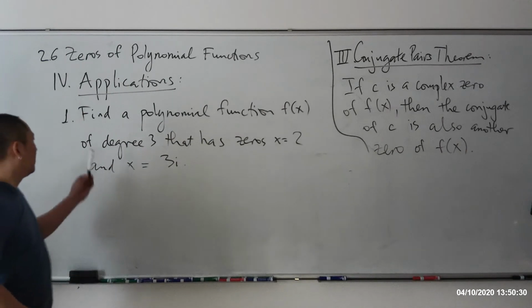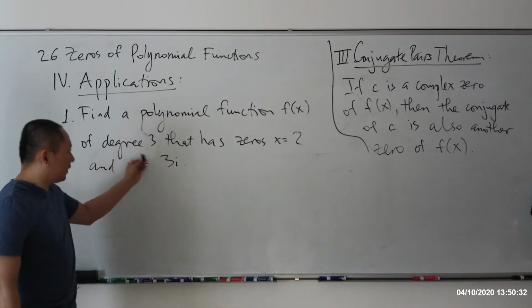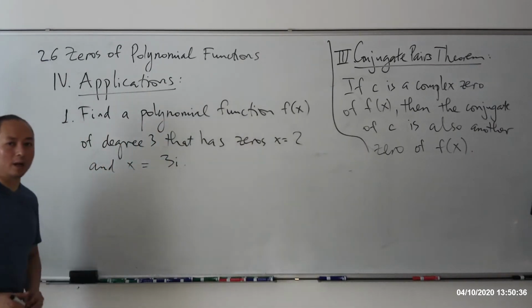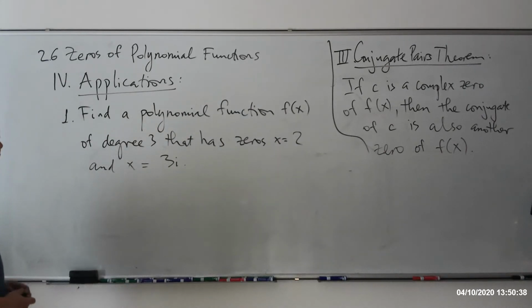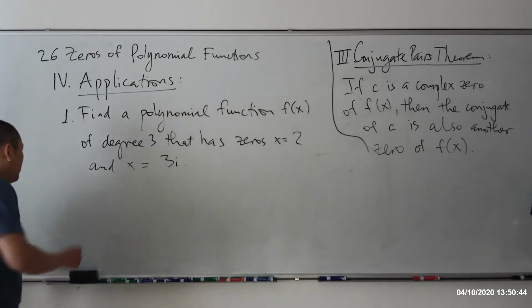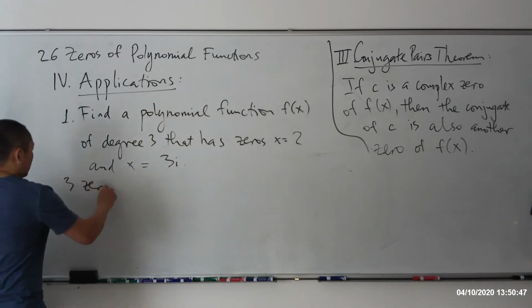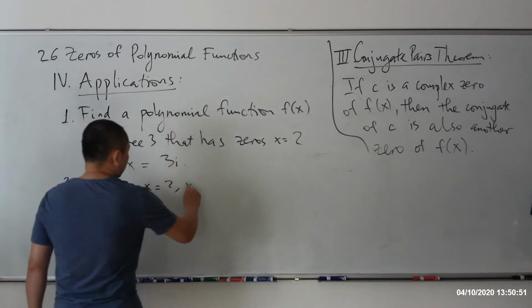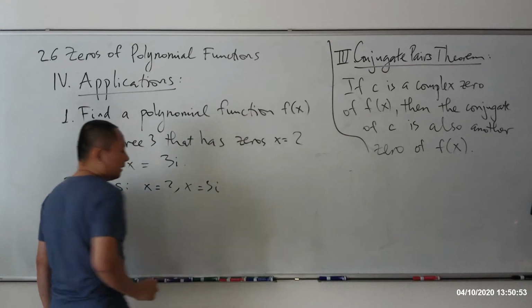I gave you that this is a polynomial function of degree 3, and I gave you 2 zeros, x equal to 2 and x equal to 3i. According to what we just learned a couple of minutes ago, a polynomial of degree 3 is going to give you 3 zeros. You got x equal to 2, x equal to 3i, and you are missing one.